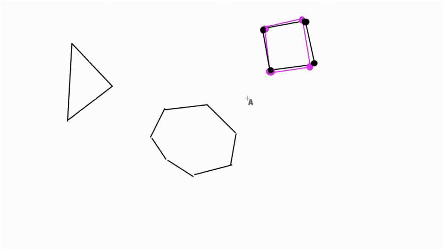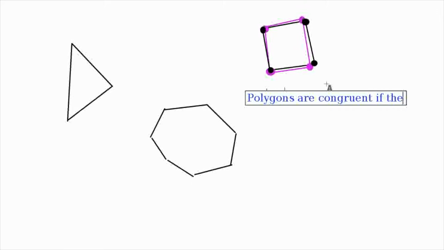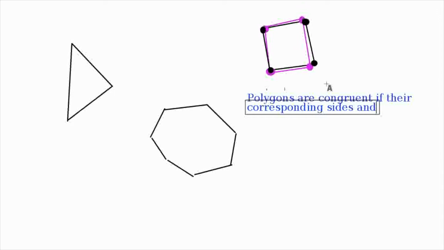It means that the lengths of the line segments and the measures of the angles are congruent. So let's now use that to define congruent polygons. Polygons are congruent if their corresponding sides and angles are all congruent.